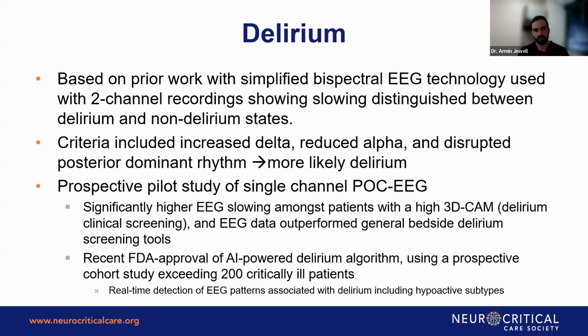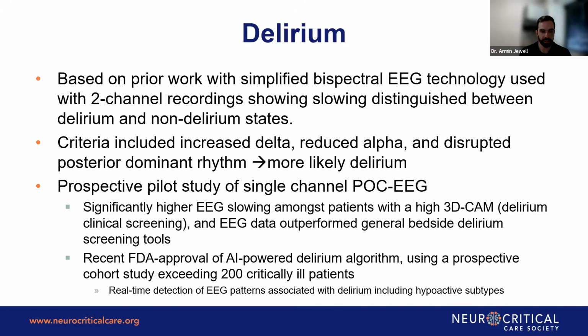And so because of these earlier studies, they did a single channel point of care EEG test to see if this would give a higher sensitivity of picking up delirium amongst patients. And it said basically, yes, there is a higher chance of finding delirium in these patients, and the EEG data tended to outperform the screening tools that we use as clinicians at the bedside.